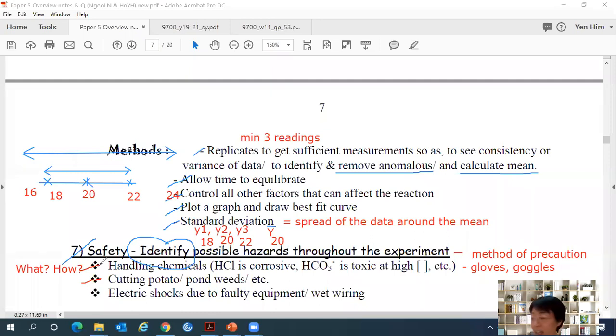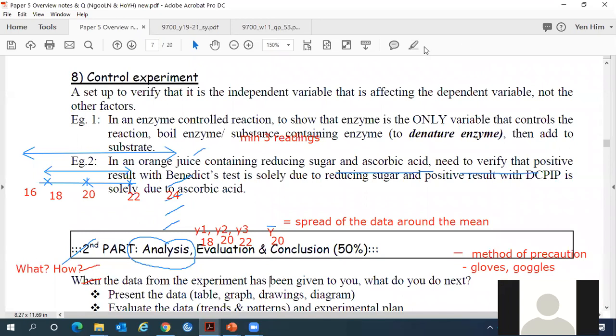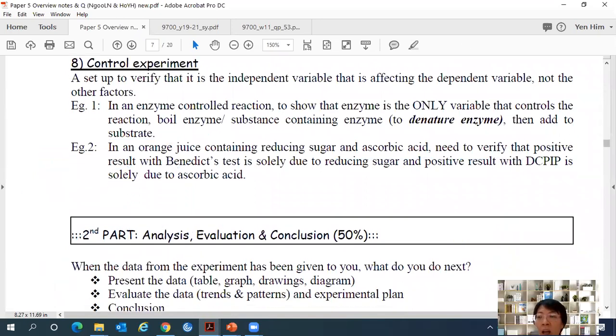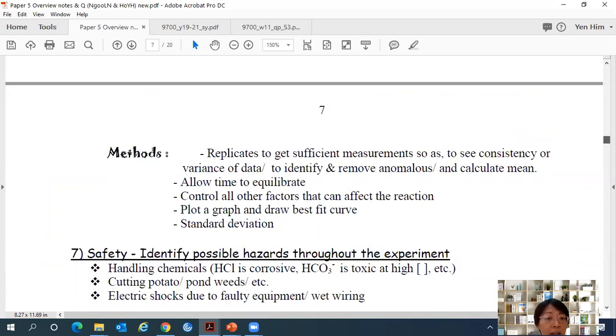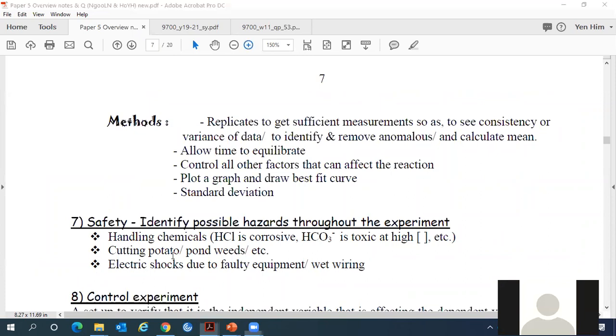Kaini, would you like to try this? How to prevent yourself from being cut? What do you do? Put your finger further from the knife.